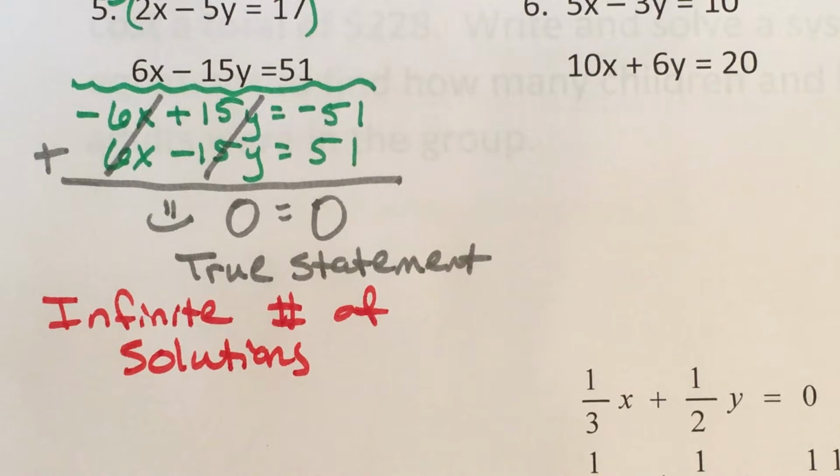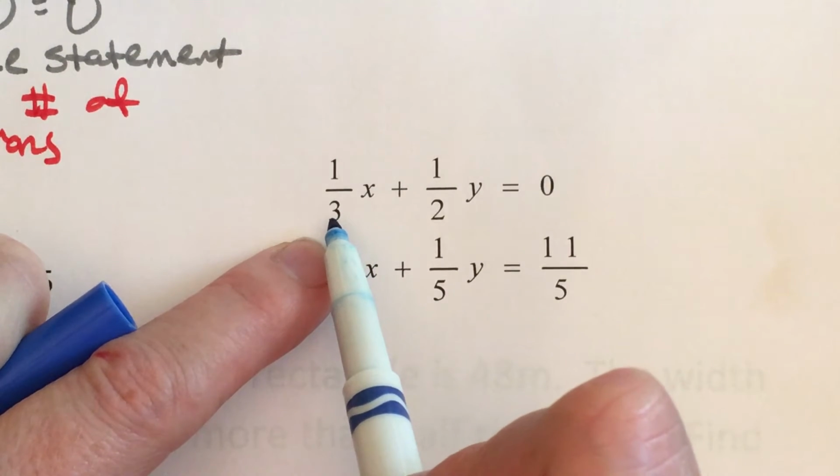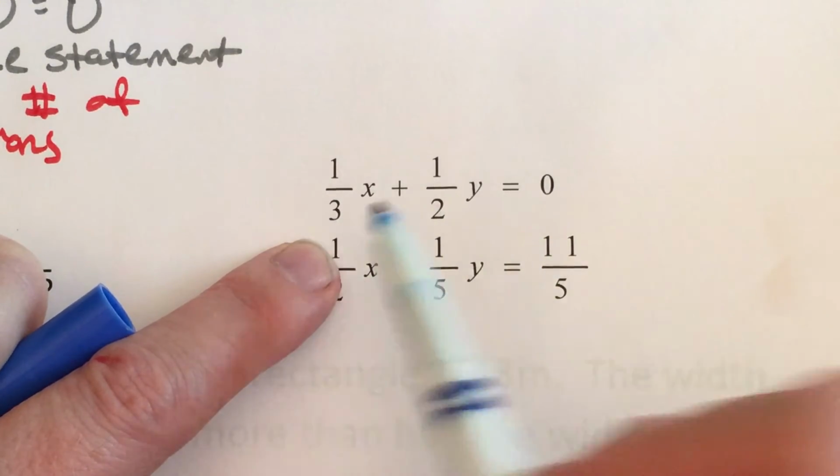Let's look at number 8 together. Exercise 8, I think, puts a lot of fear into people because we have fractions and we need to eliminate those fractions. Let's see what we can do. Let's see how far we even have to take this. I want to get rid of my x's again, but I want to get rid of my fractions too with those x's.